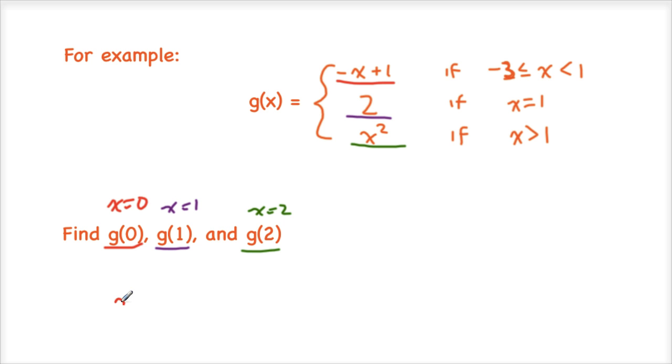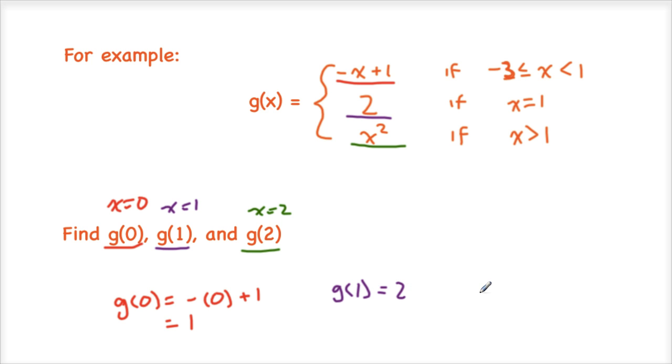So g of 0 equals, I'm plugging this into this partial function, so -0 plus 1. The opposite of 0 is just 0, so 0 plus 1 is 1. So g of 0 equals 1. Then g of 1, I'm plugging into this constant function. So g of 1, no matter what, is a constant function, so it's just telling me that the function value here is 2. So g of 1 equals 2.